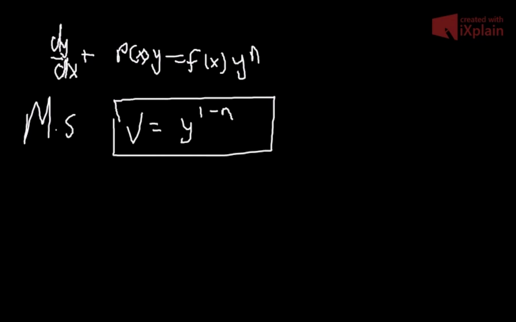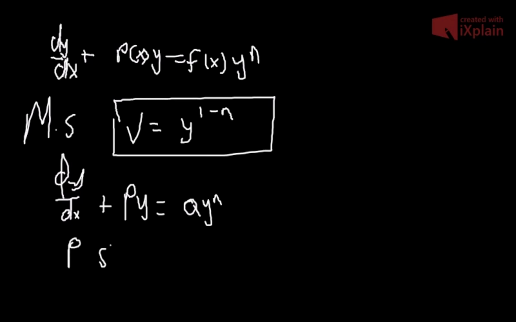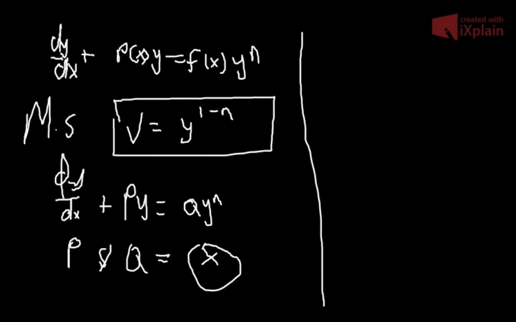Then from linear, that's when we're going to solve the equation, because now this is our standard form: y prime plus P y equals Q y to the power n. In that, P and Q are constants or functions of x.